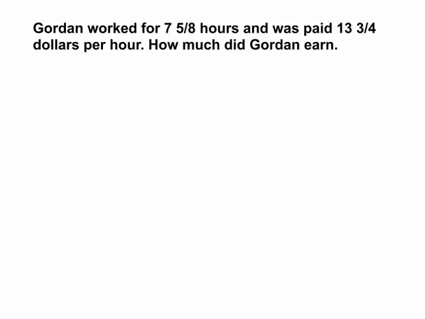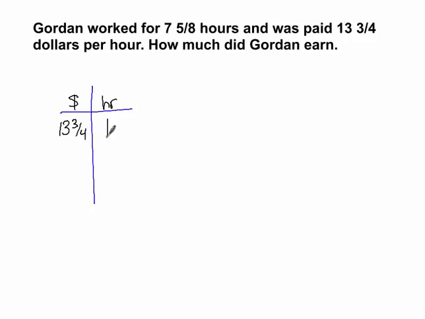Well, we have the unit rate, and I'm going to do two different strategies. Our unit rate is dollars per hour, and he's getting $13 3/4 per hour for 1 hour.